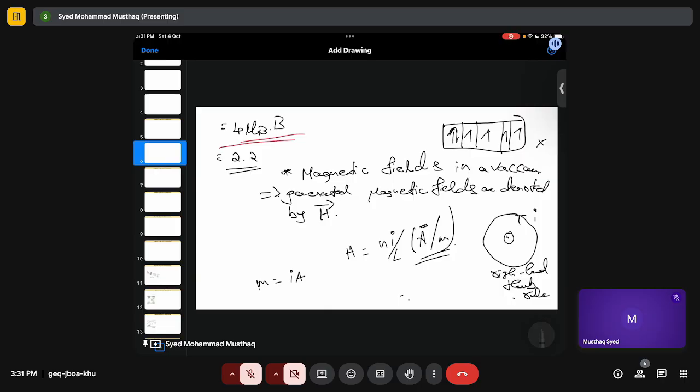It is nothing but the current times the area. And I is my current density, which is current per unit area, and it is ampere per meter square times my meter square that will give me the magnetic moment.